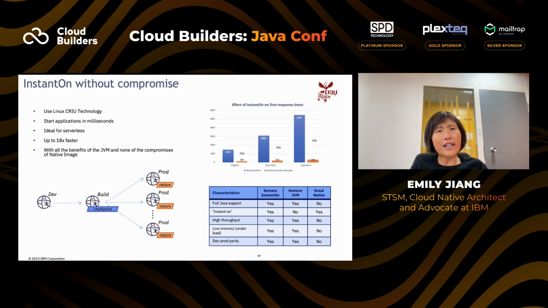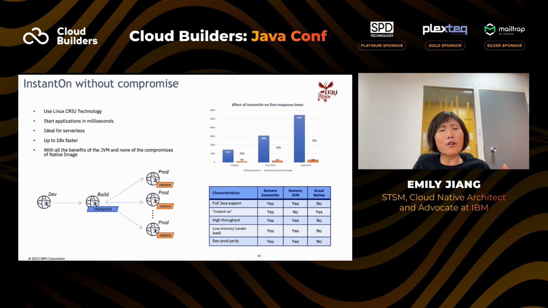So with that, in Liberty, there's a new innovation called Instant On. It directly looks at startup performance. It uses the Linux CRaC technology. It is not using GraalVM, it is using CRaC, basically Linux checkpoint restore in user space.